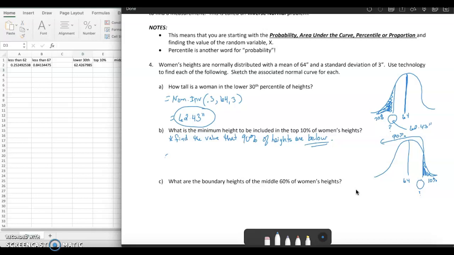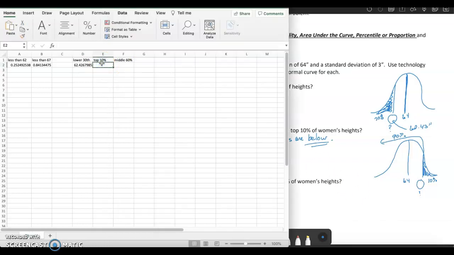So when I go to type this in, I'm going to type in norm.inv 0.9, 64, 3, and whatever that tells me is in fact the answer. So I just have to be flexible with my wording. That top 10% is the same thing as the lower 90%.